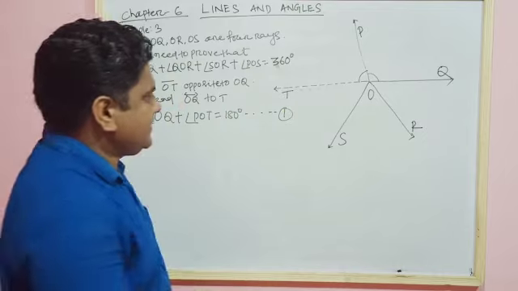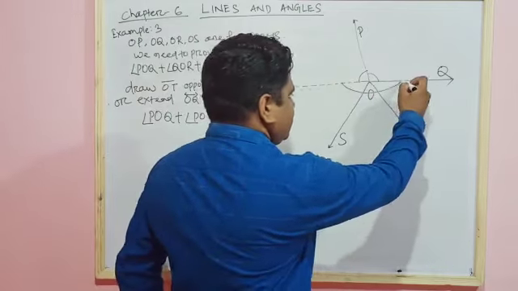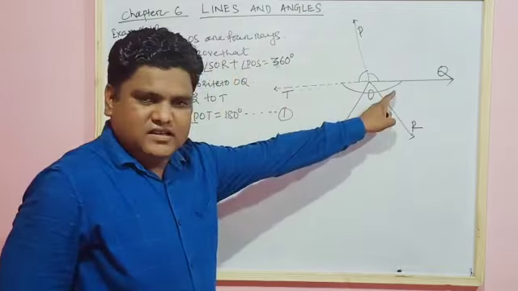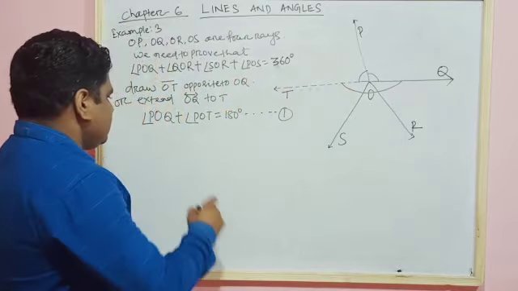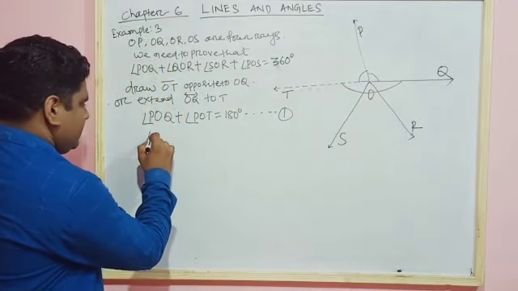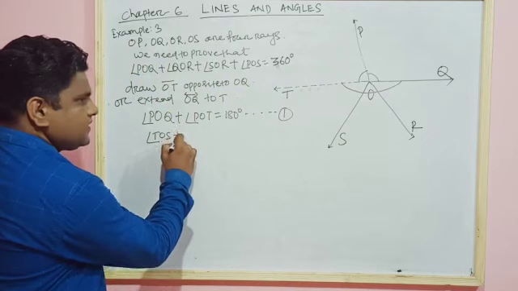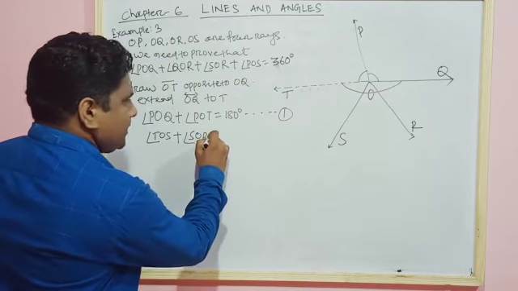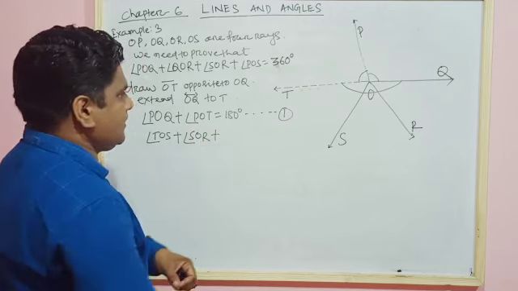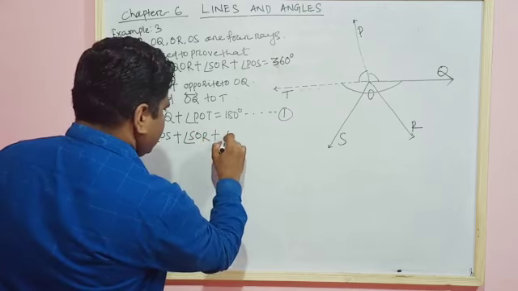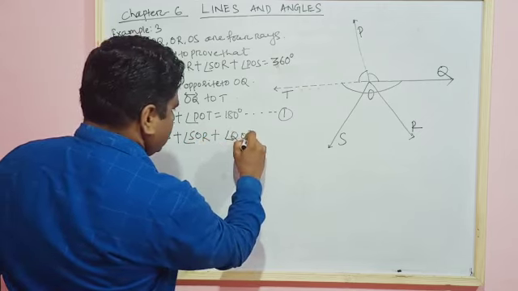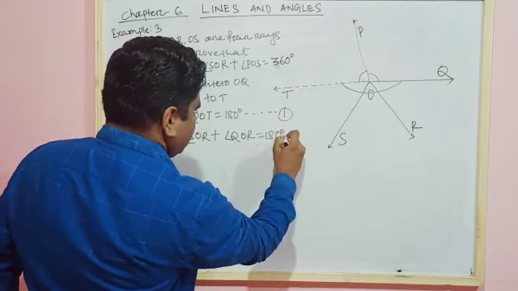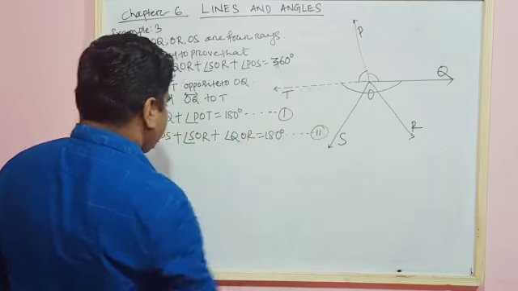Similarly, this forms a straight line, so the sum of all three angles is 180 degrees. So we can write angle TOS plus angle SOR plus angle QOR equal to 180 degrees. Let it be equation 2.